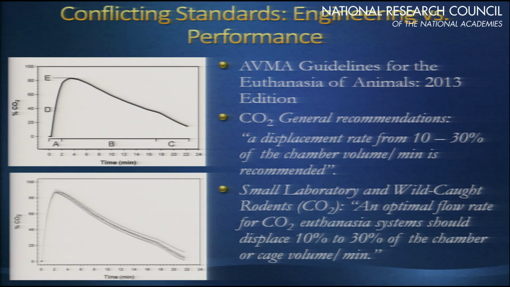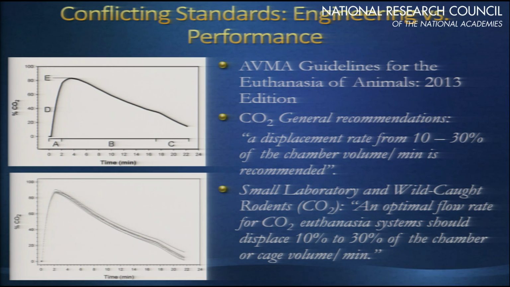Now, the AVMA guidelines make 2 recommendations. They make a recommendation under the general carbon dioxide euthanasia recommendations of using a displacement rate from 10 to 30%. And then specifically with respect to rodents, they say an optimal flow rate for a carbon dioxide euthanasia system should displace 10 to 30% of the chamber or cage volume per minute.